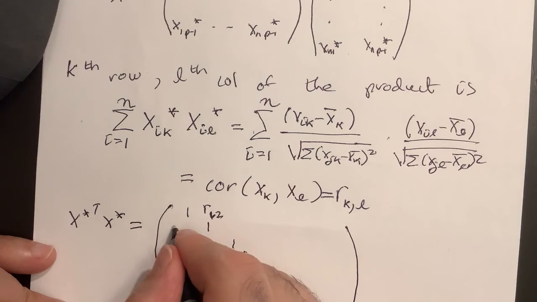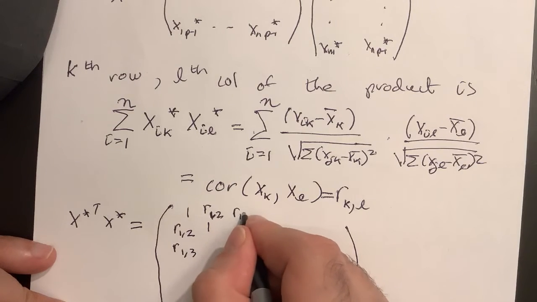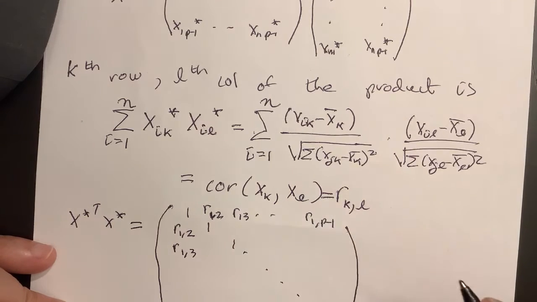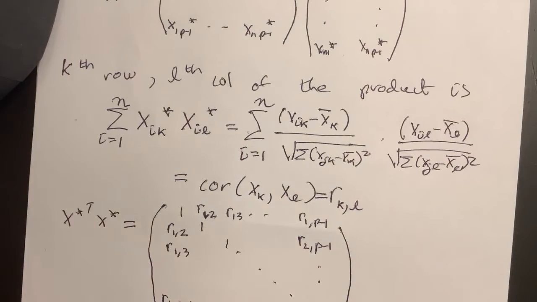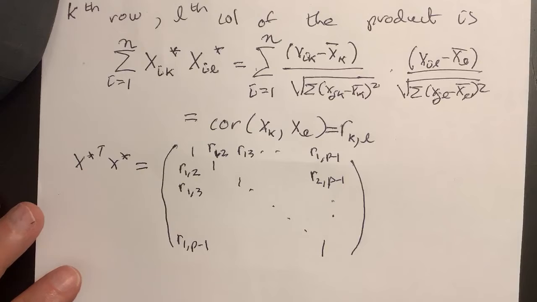So r12, I'll put the lower number first each time. So r12, this would be r13, etc., and r1,p-1. What would this one be? This would be like r2,p-1, etc. So these will tell me how the predictors are correlated.